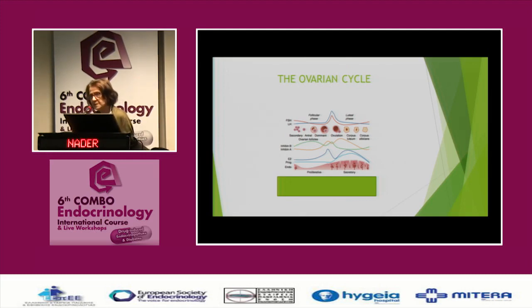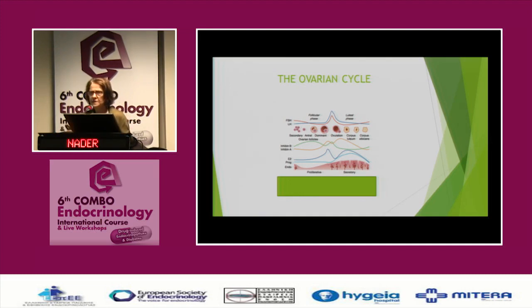And under the influence of LH, of course, the corpus luteum produces progesterone, and meanwhile, at the level of the endometrium, in the first half of the cycle, you have the proliferative endometrium in response to estrogen. In the second half, you have the secretory endometrium, which is in response to progesterone, preparing the uterus for implantation.